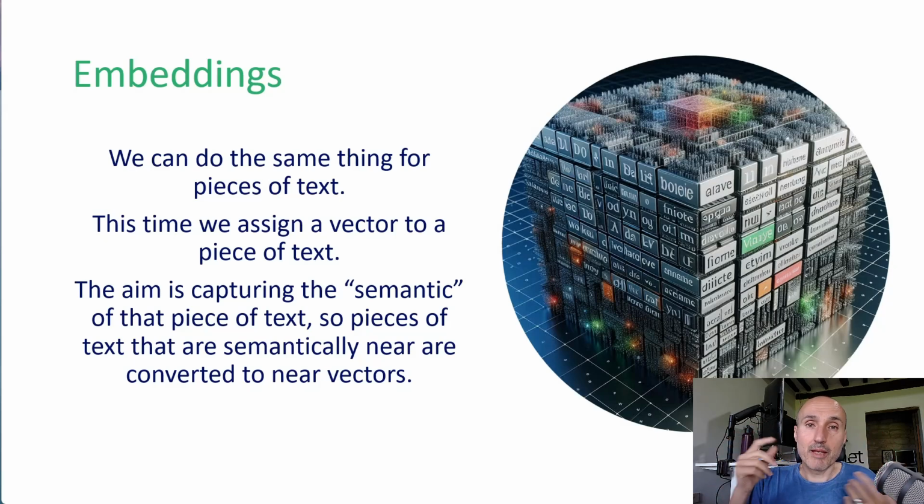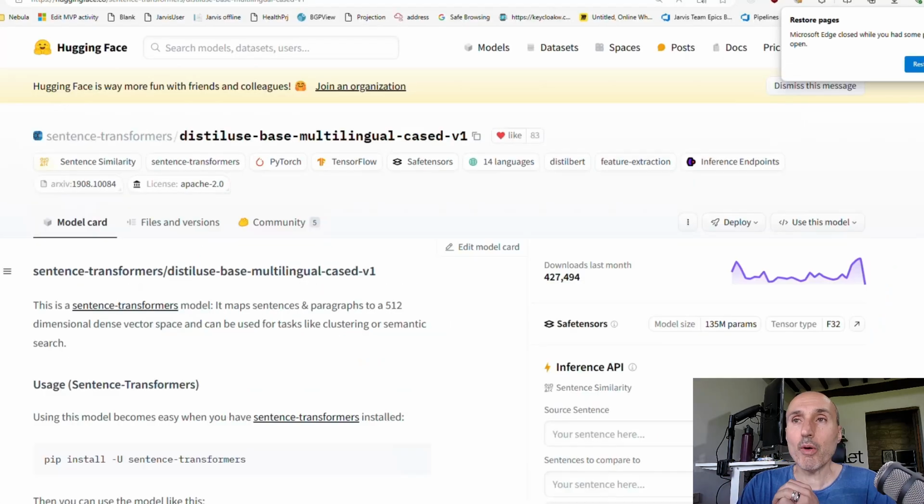To verify this, let's use the same example of Word2Vec, but this time using a model trained for embedding. What I'm using is a model you can find on Hugging Face, the DistilBERT multilingual cased one. As you read in the description, it is made to capture the concept of a paragraph of text.